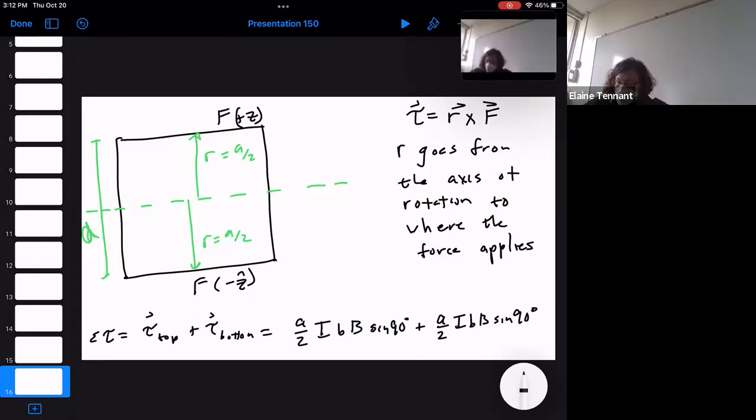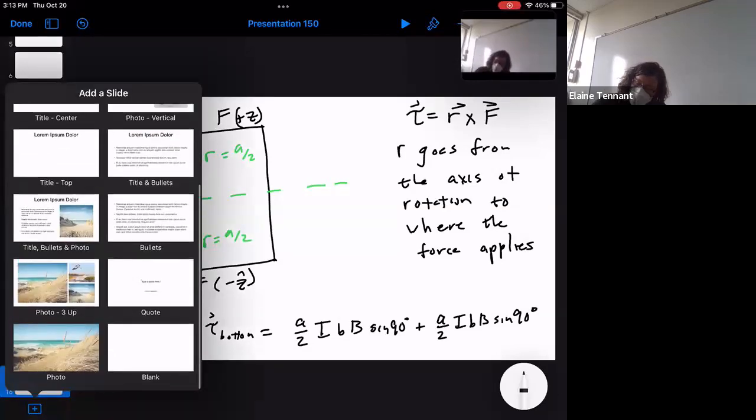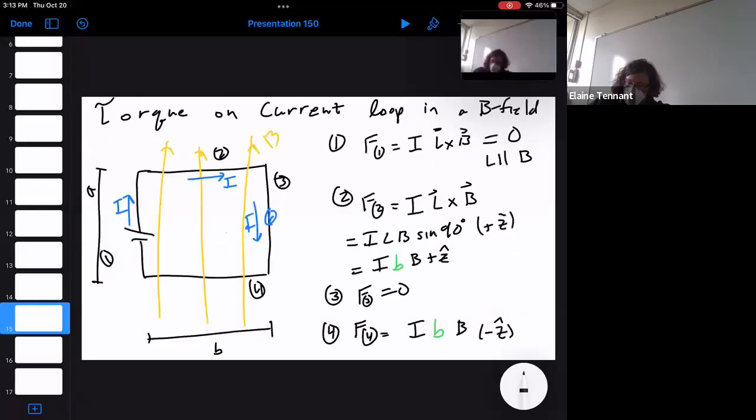So I'm hoping you see that we have 1/2 A I B B plus 1/2 A I B B. So we really have 1 whole A I B B. Coming together, net torque, 1 whole A I B B. And we notice that we have this nice term A times B. Here's where A is, here's where B is.